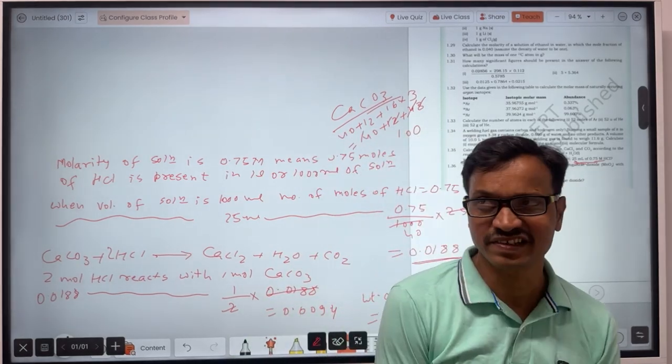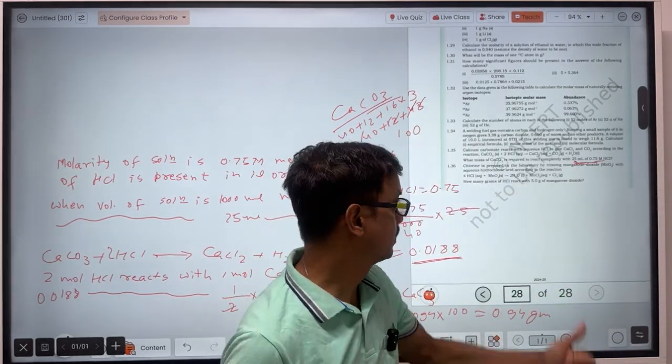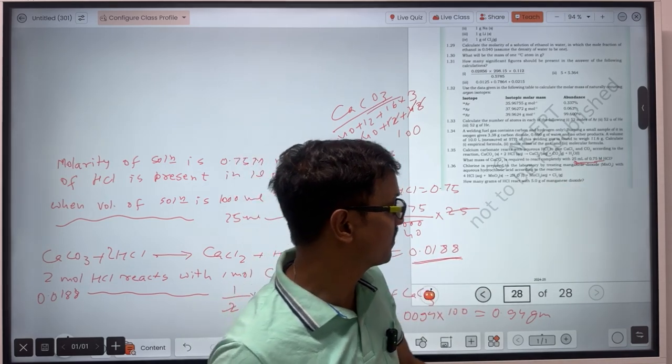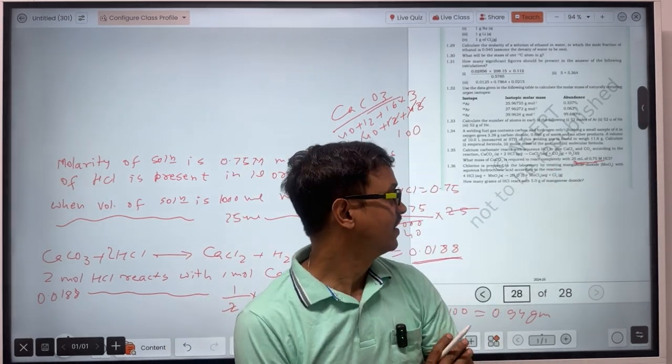So that means 0.94 gram of CaCO3 will be required to react with 25 milliliter of 0.75 molar HCl solution.